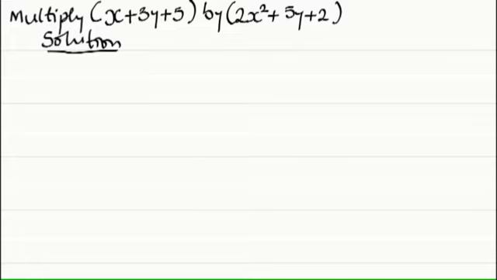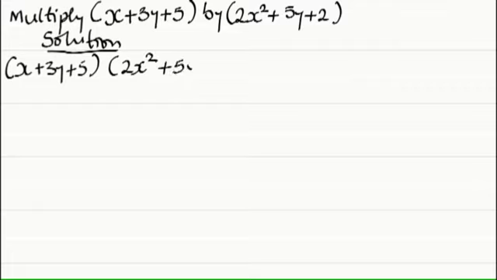However, before we do that, we will quickly write our equation down again: (x + 3y + 5)(2x² + 5y + 2).